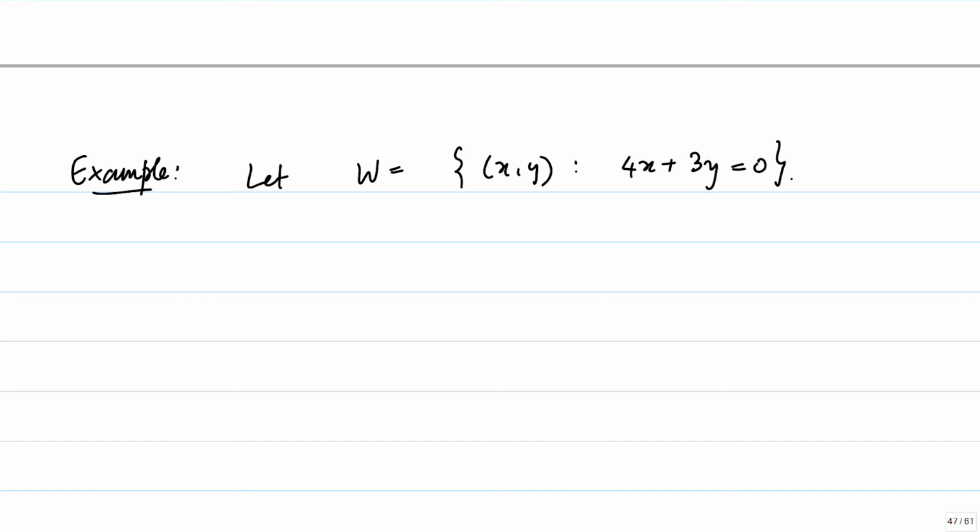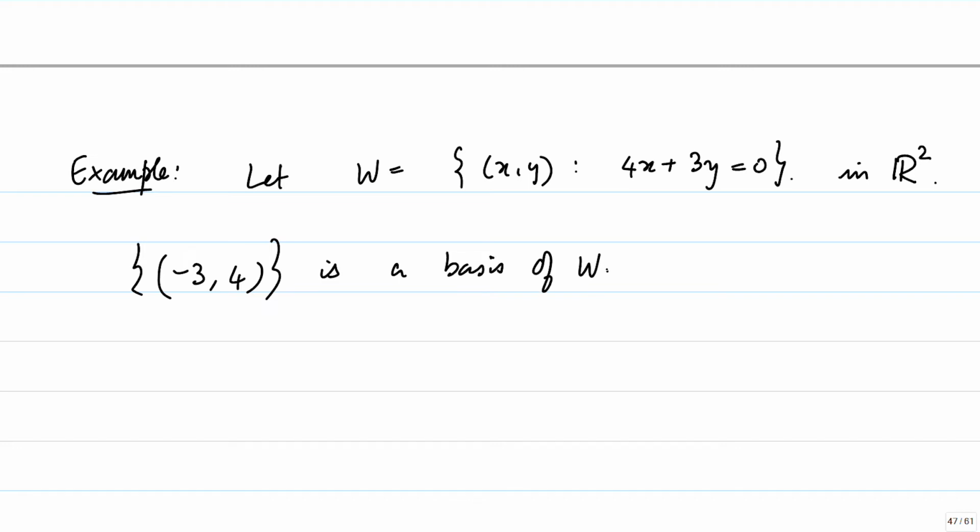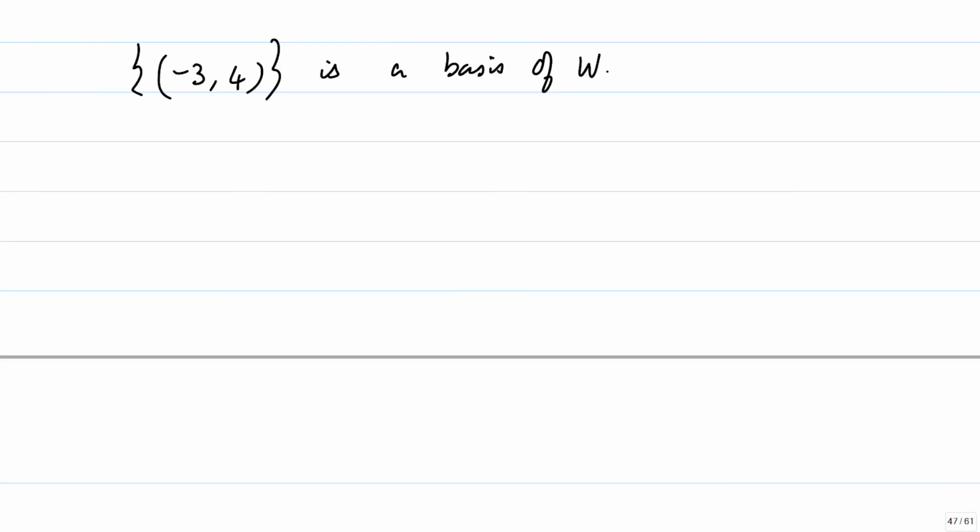So, this is going to be a one dimensional subspace in R2, and we can get hold of some basis. So, let us see, (-3, 4) will form a basis of W. Now, let us try to get hold of what our orthogonal complement of W is explicitly.